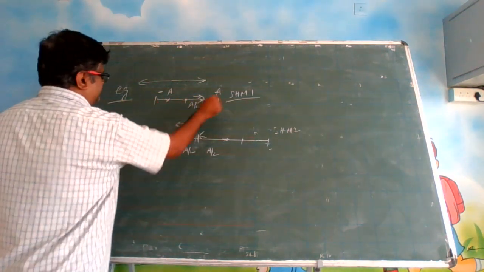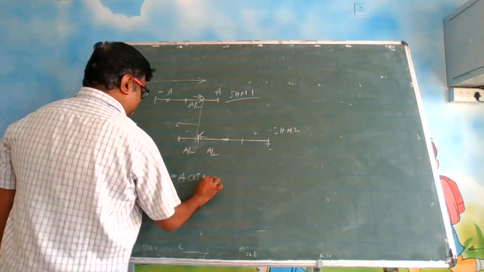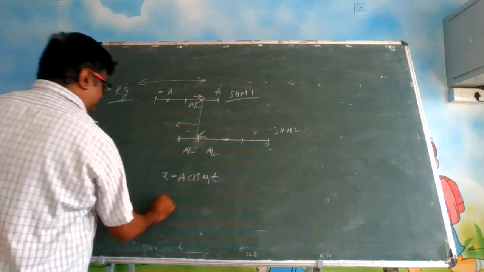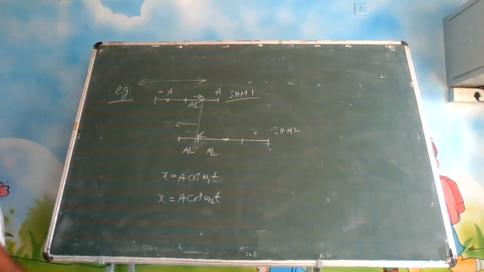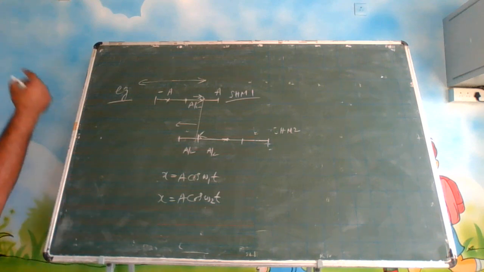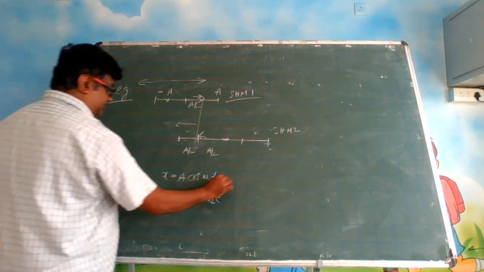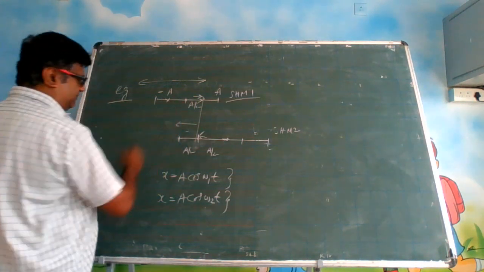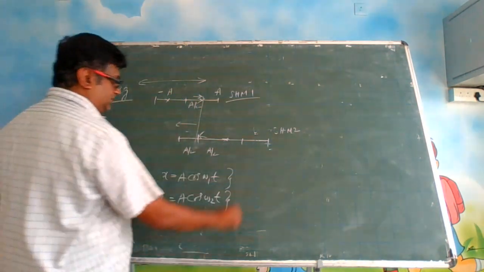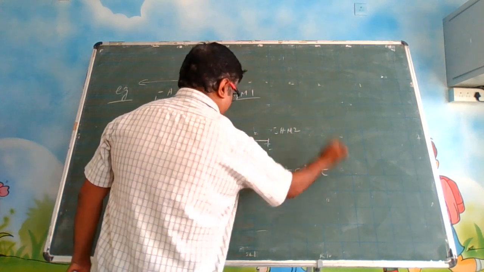Now here, let us say this expression is given as x is equal to A cos omega 1 t, and this expression is given by x is equal to A cos omega 2 t. We have to find the phase difference between these two. When the first one is at A by 2, put x is equal to A by 2, you get A by 2 is equal to A cos omega 1 t.